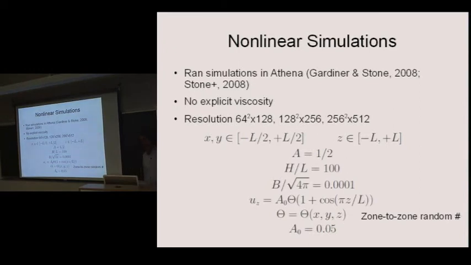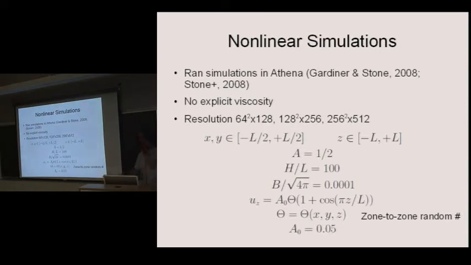So I ran a bunch of simulations in Athena, where there's no explicit viscosity, so all my viscosity is just numerical. I have a box that horizontally is a square of length L and goes L above z equals 0 and L below z equals 0. So it's like two cubes stacked onto each other. I pick A is equal to 1/2. This ratio is kind of like kh, which I've set large.